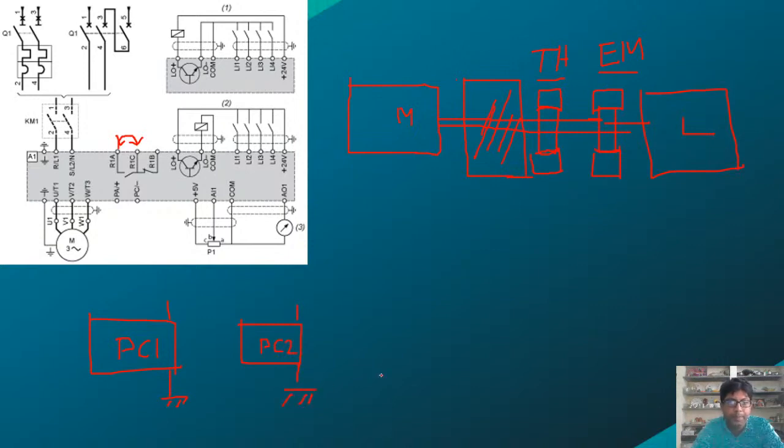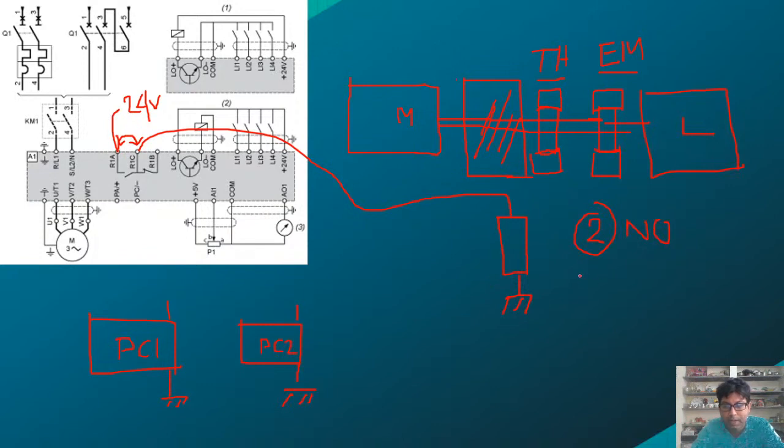Okay. So what I will do, I will use another relay which has two normally open contacts, and here I will connect 24 volt, and this terminal will be connected with this relay coil and it will be grounded.